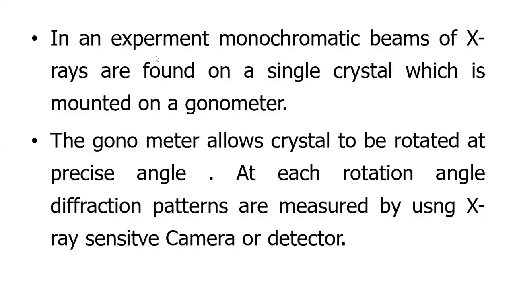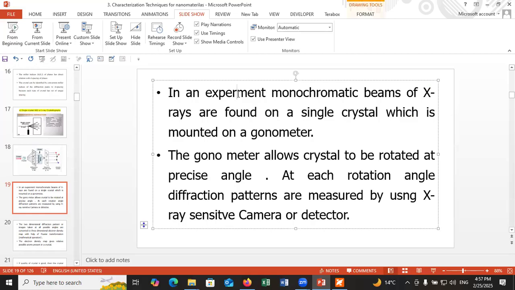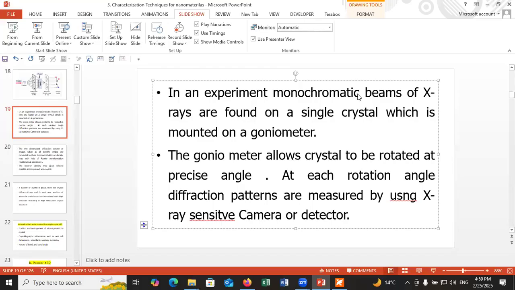In an experiment, monochromatic beams of X-rays are focused on a single crystal which is mounted on a goniometer.